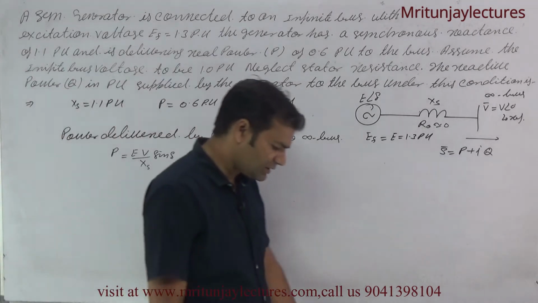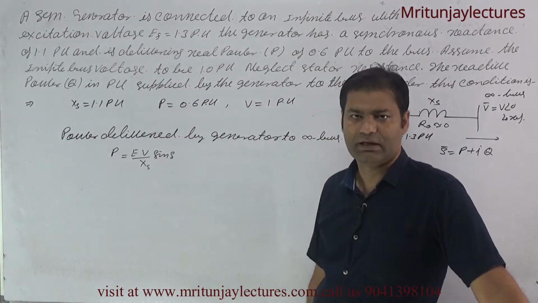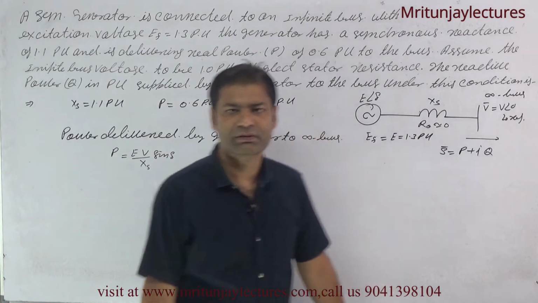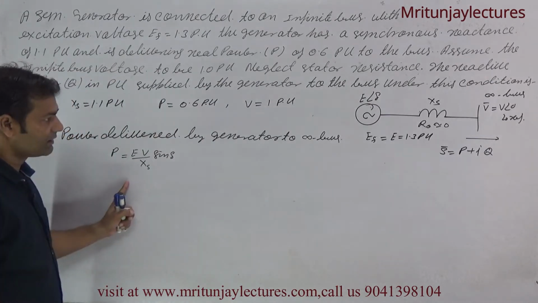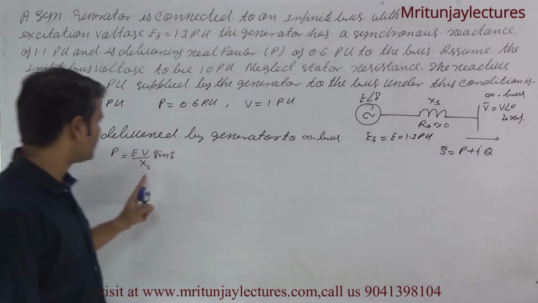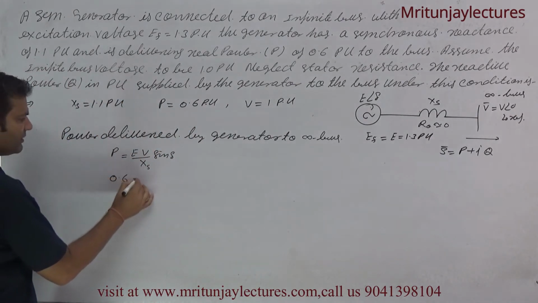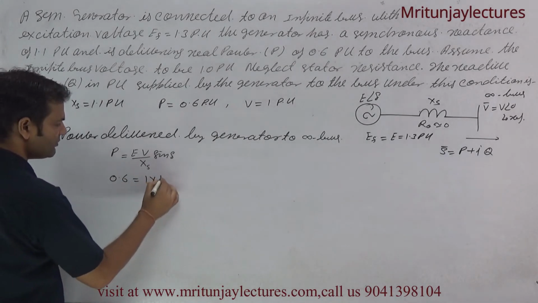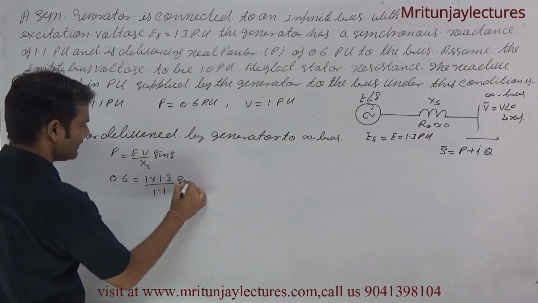When Ra is equal to 0, the electrical output power of the generator is P equal to this one. P is given as 0.6, V is equal to 1 and EF is equal to 1.3, divided by 1.1 into sine delta.